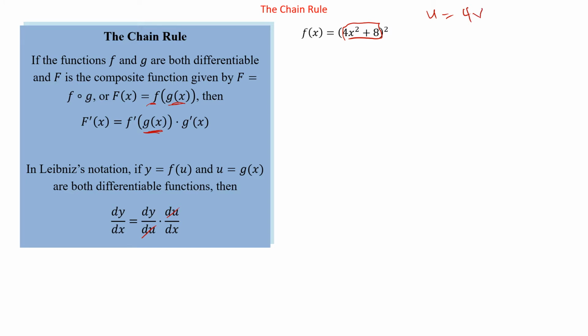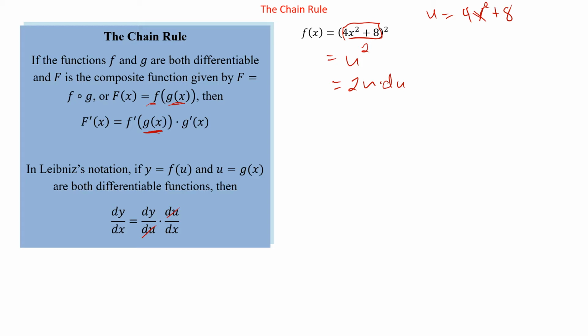If that something was just one thing, let's say u equals 4x squared plus 8, this could be written as just u squared. We know the derivative of u squared is 2u. Except it's not just 2u. It's 2u times the derivative of u. We saw this a little bit in the product and quotient rule, where we had the du's and the dv's.